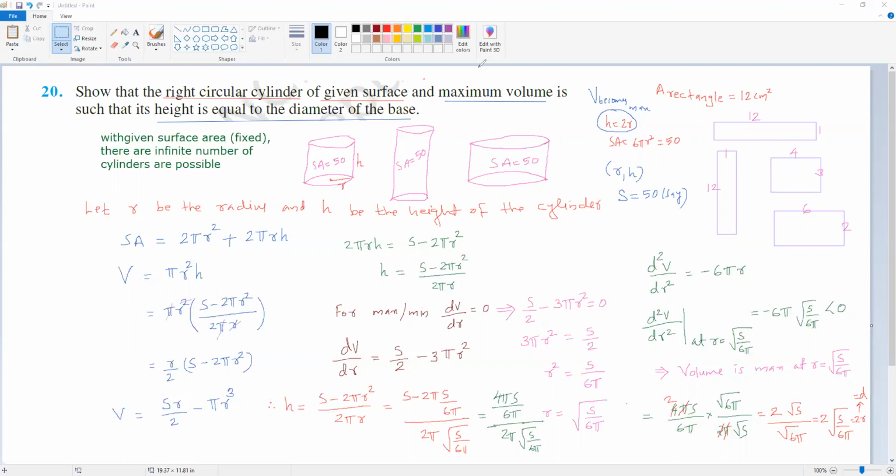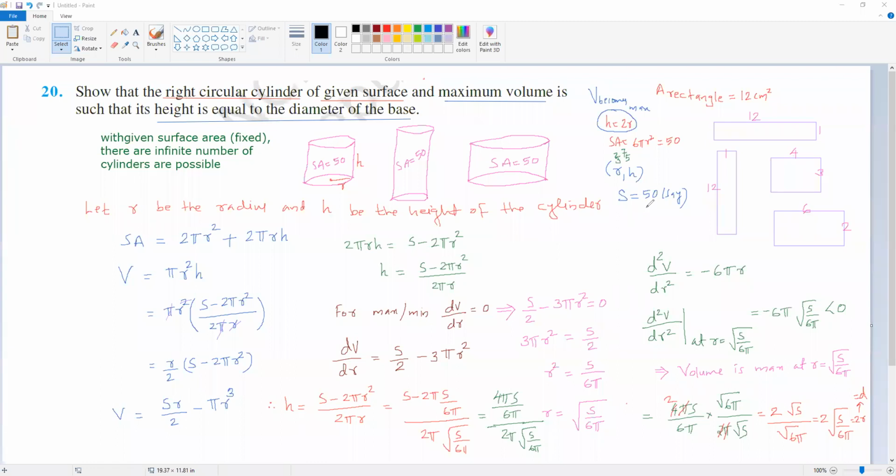for example, this is not exactly correct 50, but for you to understand, like r is equal to 3, height is equal to, suppose, 5, so you may get surface area 50. Maybe r is equal to 2, height is equal to 7, so you may get surface area 50. Similarly, different values of r and h are there, and when you find the surface area you will get a particular constant.